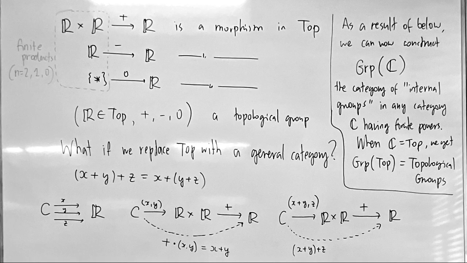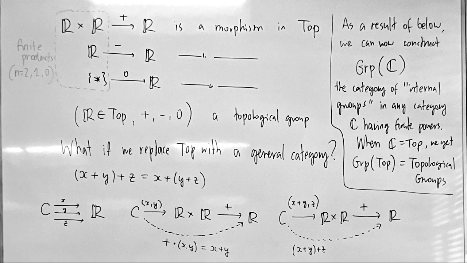But what about the group axioms? So let's write them out one by one, and as some category theorists like to say, categorify the axioms. So let's look at the associativity axiom. x plus (y plus z) equals (x plus y) plus z.